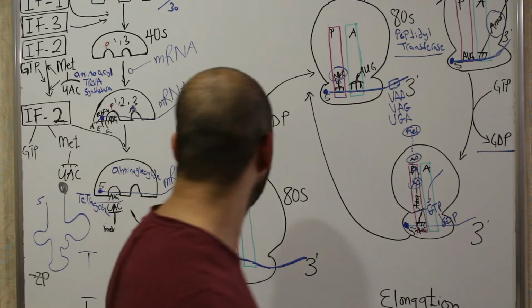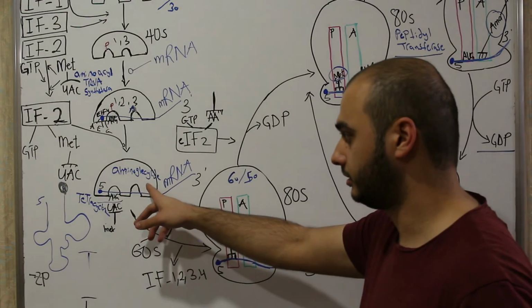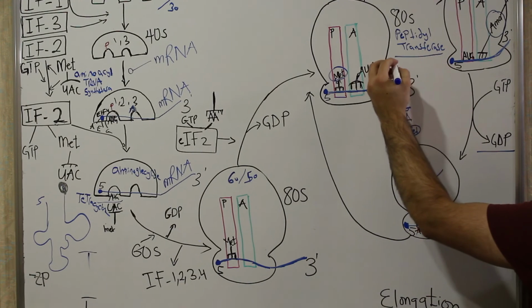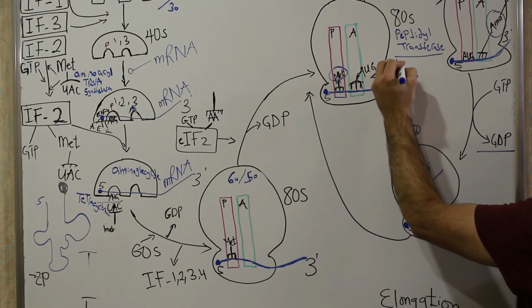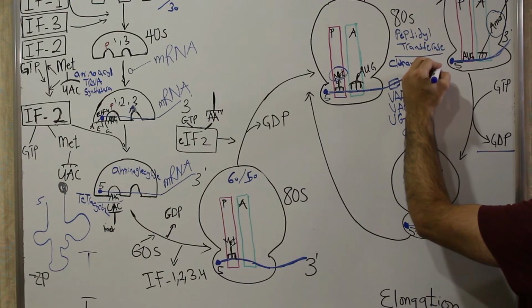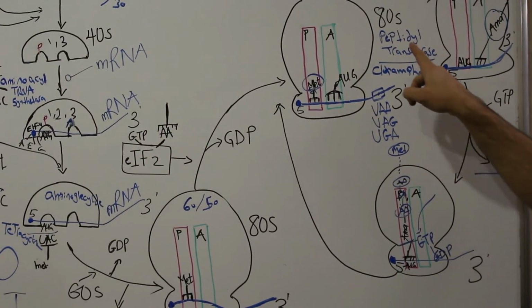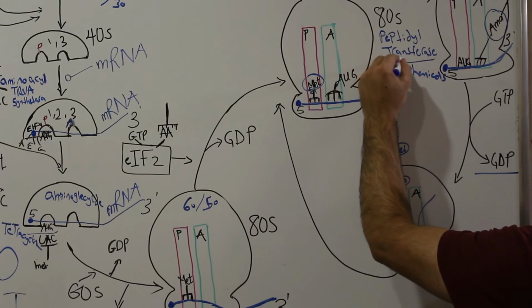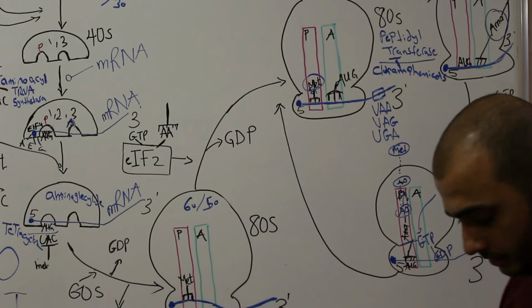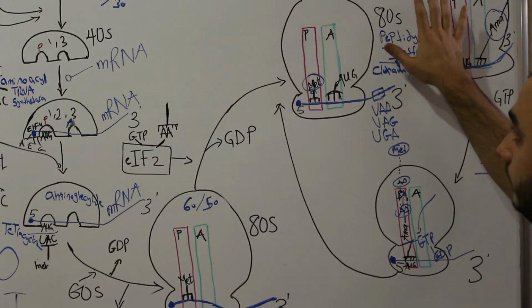So tetracycline works here, aminoglycoside works here, and the chloramphenicol family works here by inhibiting this enzyme, peptidyl transferase, resulting in death of bacteria due to stop of translation.